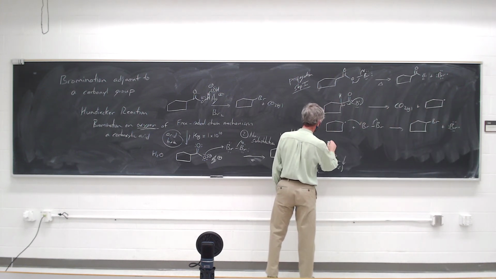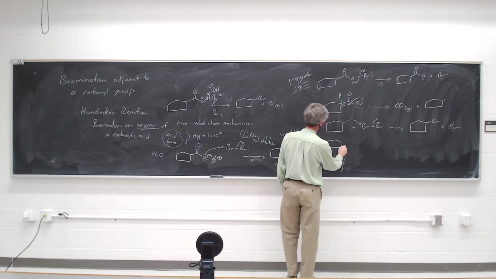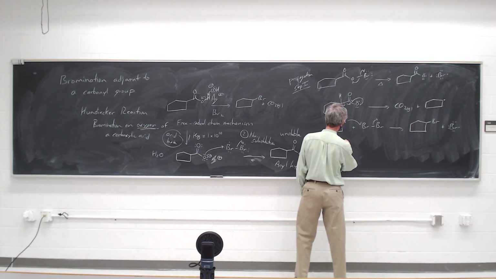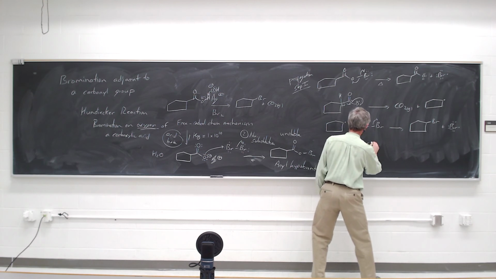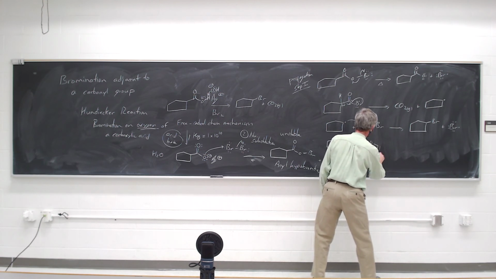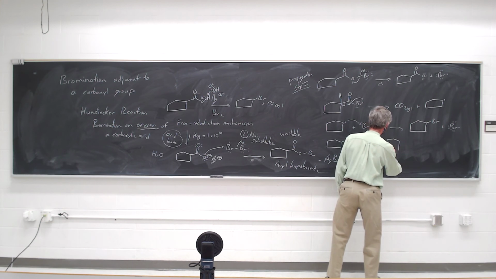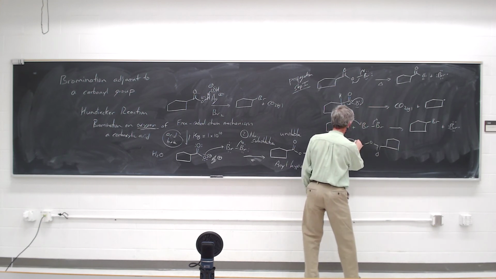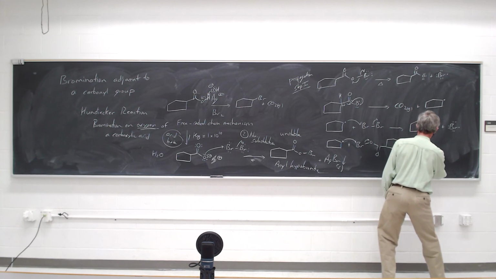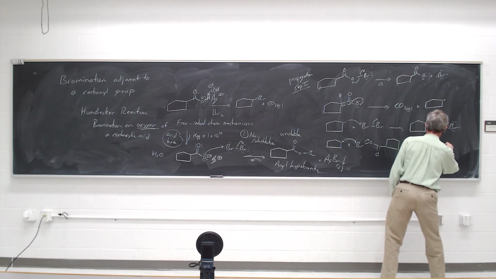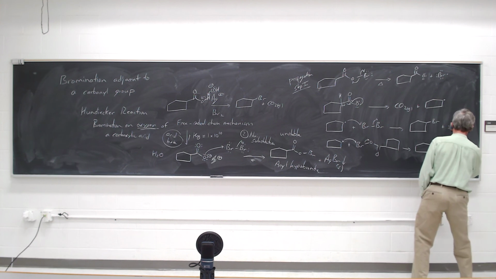Or alternatively, that alkyl radical can react with another molecule of acyl hypobromite, form the alkyl bromide, and regenerate the carboxy radical.